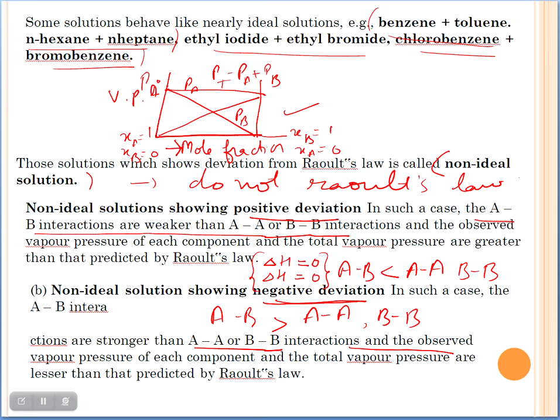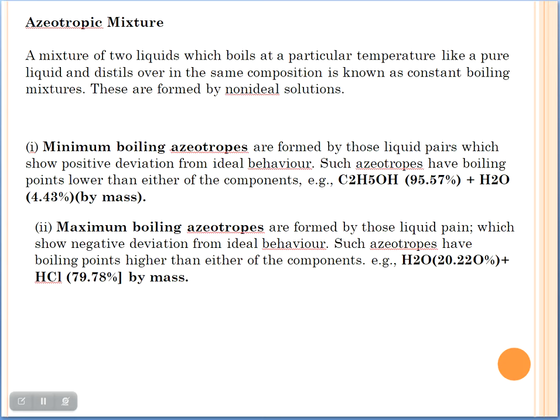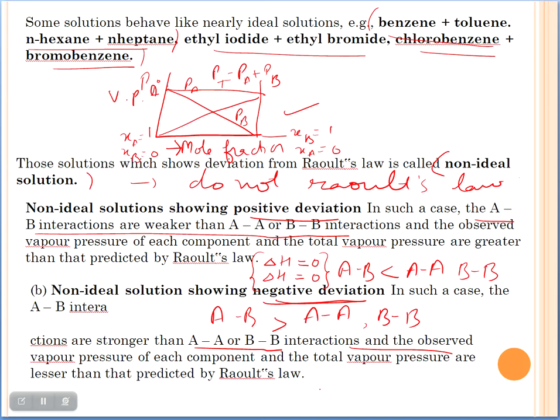Clear, guys? So on the basis of negative deviation, we can say that here delta H is not equal to 0 and delta V, change in volume, is also not equal to 0. One is endothermic process and one is exothermic process.